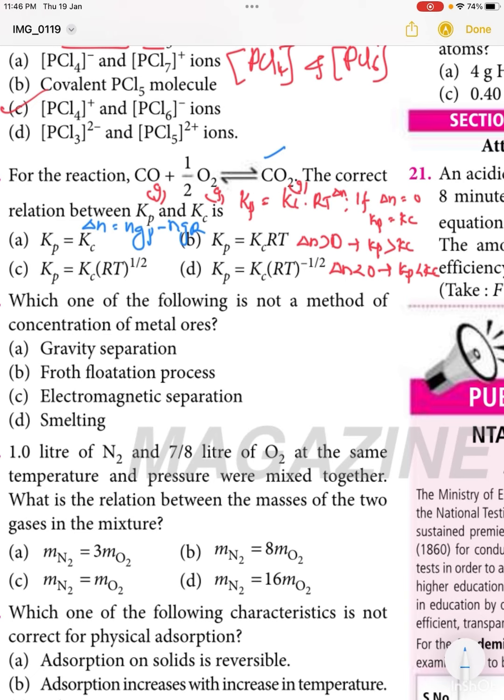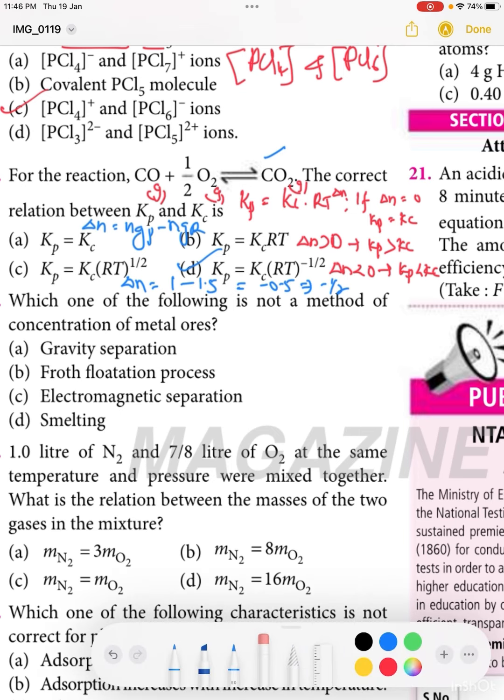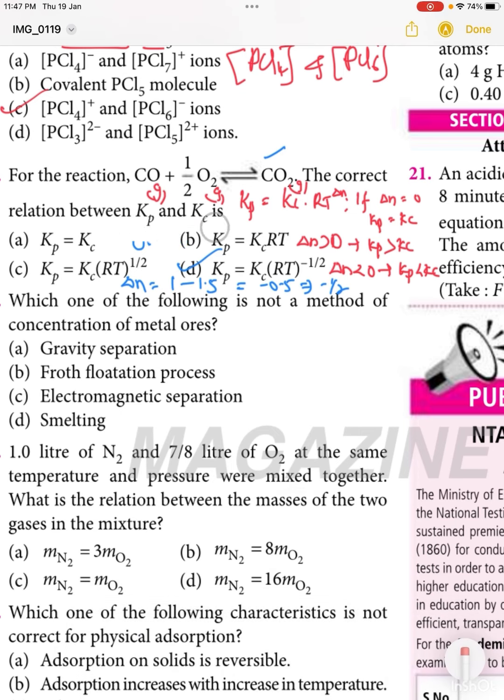So delta n is equal to 1 minus (1 plus 0.5, 1 by 2, that is 1.5), that is equal to minus 0.5. So you can write this as minus 1 by 2. Where is minus 1 by 2 there? In option D, minus 1 by 2 is present. So the answer is the fourth one.